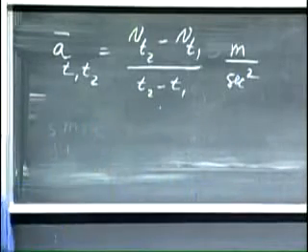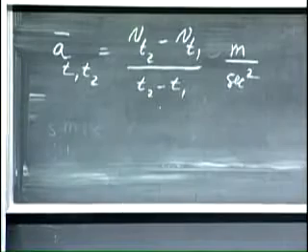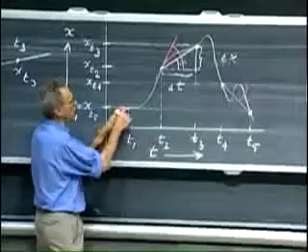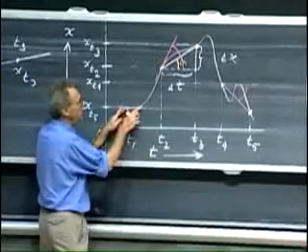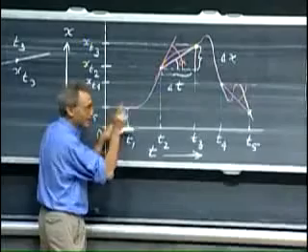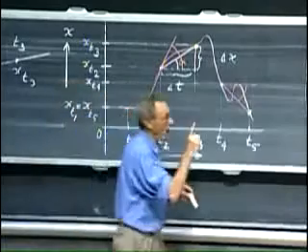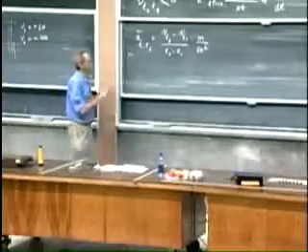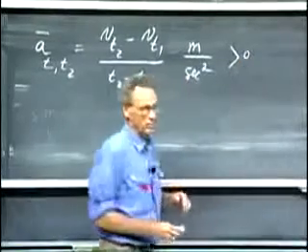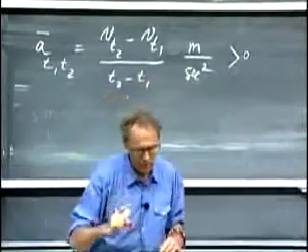In our case, from t1 to t2, notice the velocity is 0 at the start, and it begins to increase because this angle alpha increases. It's the angle that matters. The angle increases, so from t1 to t2 the average acceleration is larger than 0. Look at the angle.